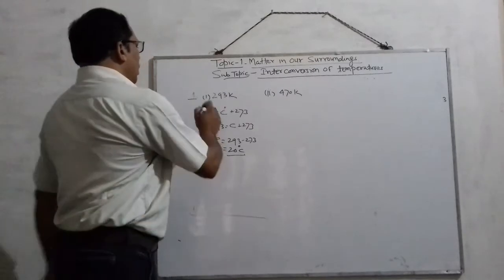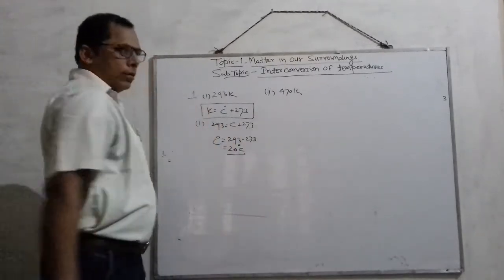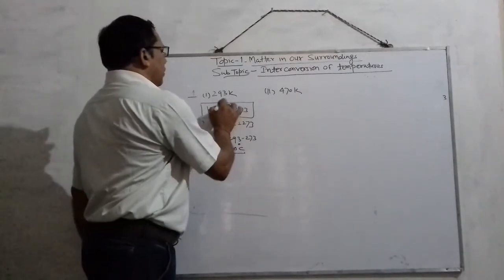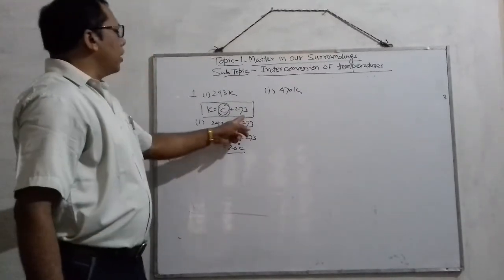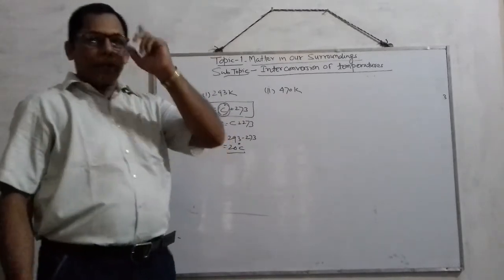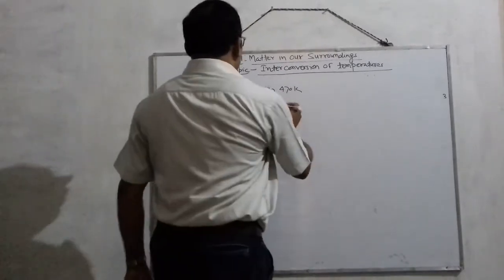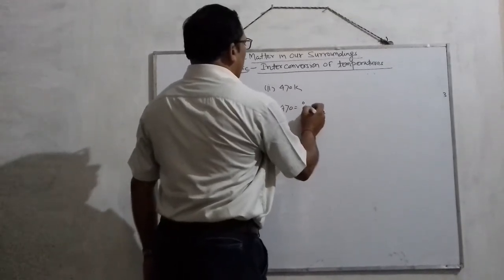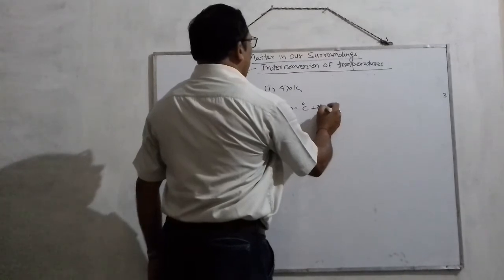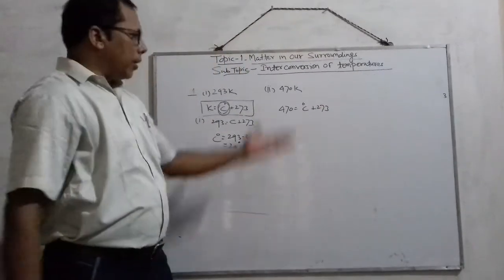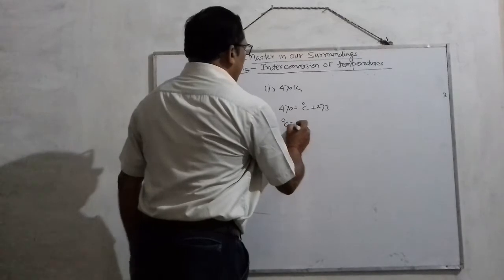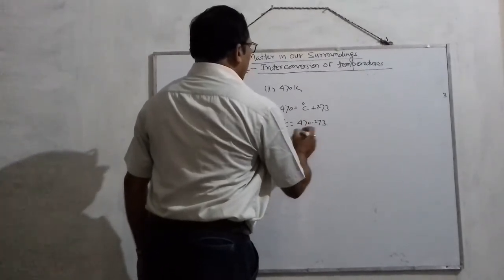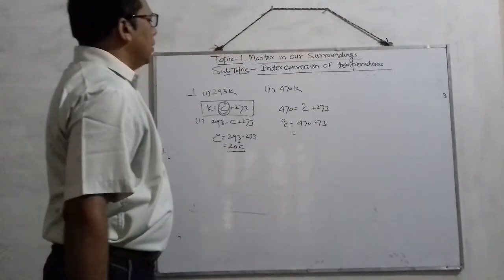Similarly, in the same way, learn this formula. Go through the formula: K is degree centigrade plus 273. So once again, 470 is equal to degree Celsius plus 273. So what will be the value in degree Celsius? It will come 470 minus 273, what will it be, children?